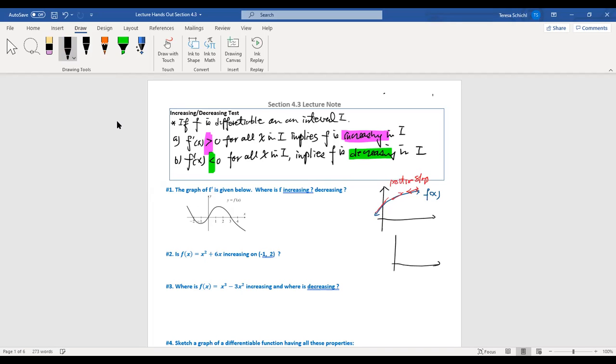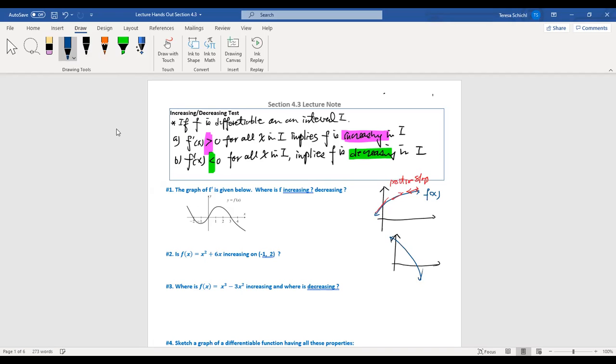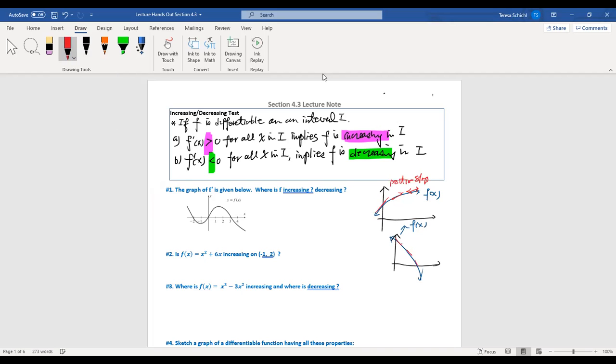So let's take a look at another one. For example, if you have a function going like this, and this is my f of x, you do the same way and find the tangent lines. Did you see those red tangent lines all go downward?